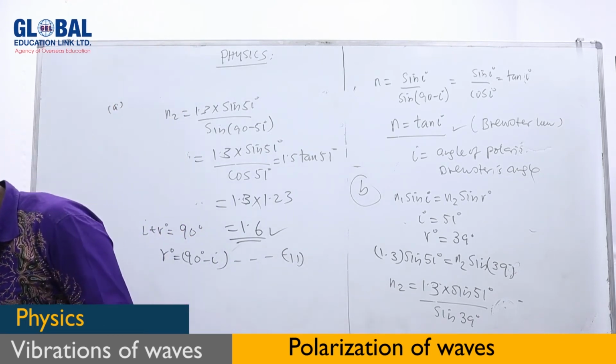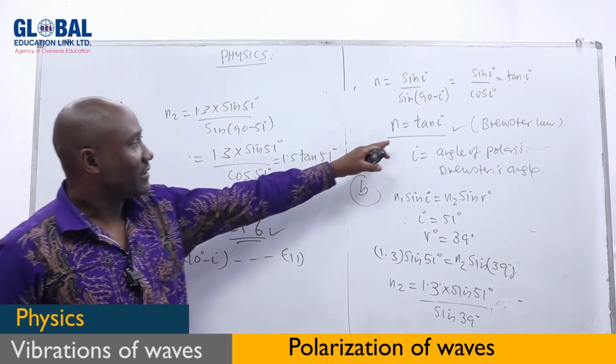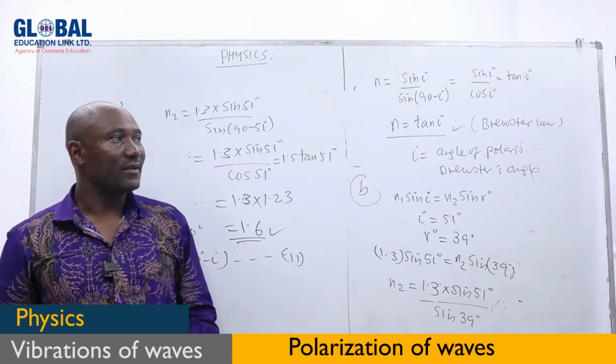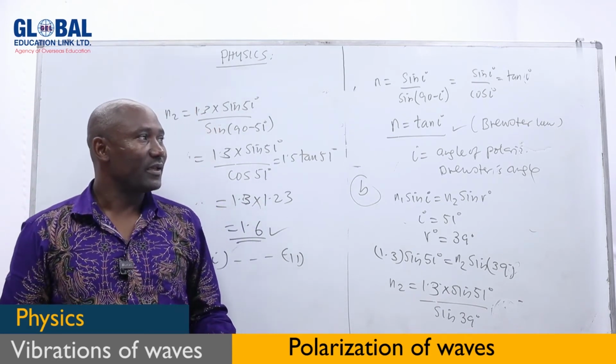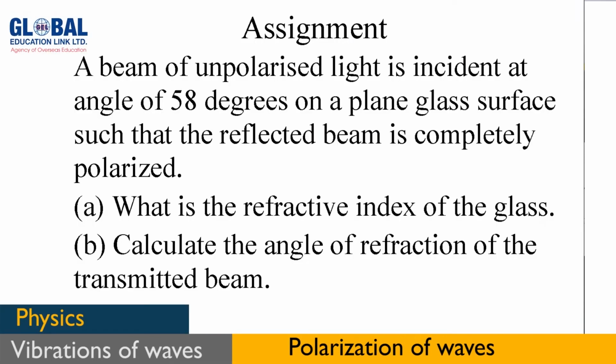Okay, that's how you can solve different questions involving the concept of Brewster's law, which has been derived from the concept of polarization. Now, as an assignment, we have a beam of unpolarized light which is incident at an angle of 58 degrees on a plane surface, such that the reflected beam is completely polarized.